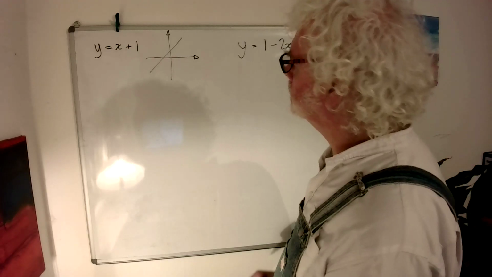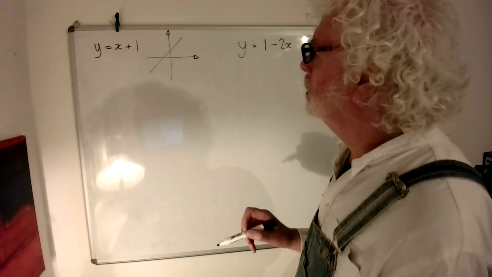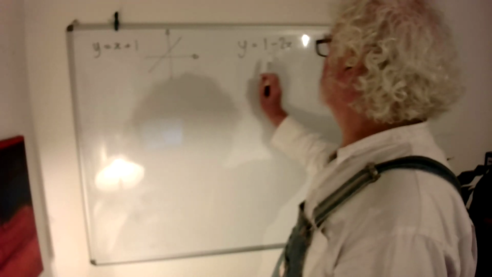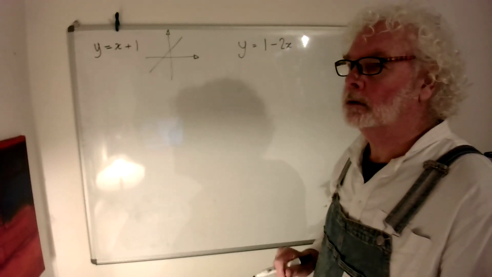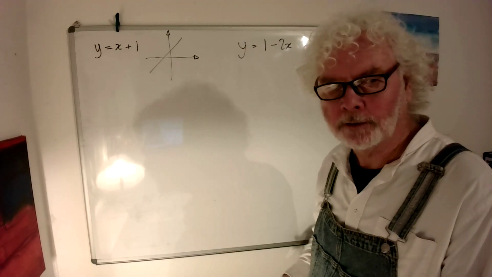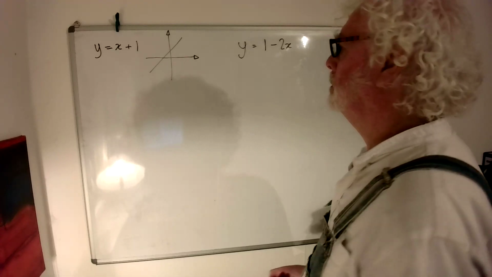What I wanted to show you was, because these types of equations are linear, because they're straight lines, linear. I think linear is Latin, probably.